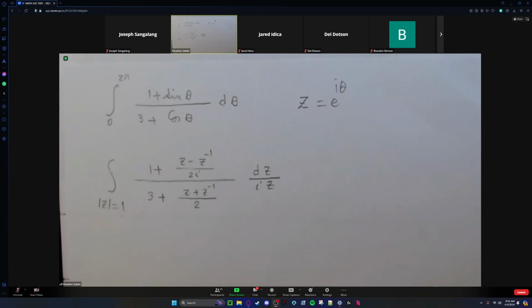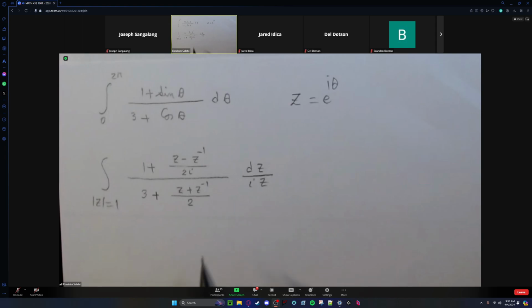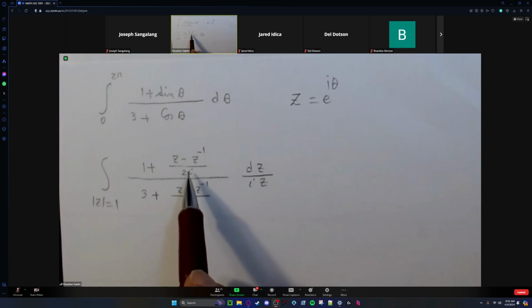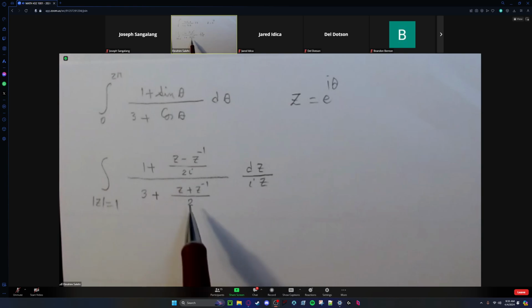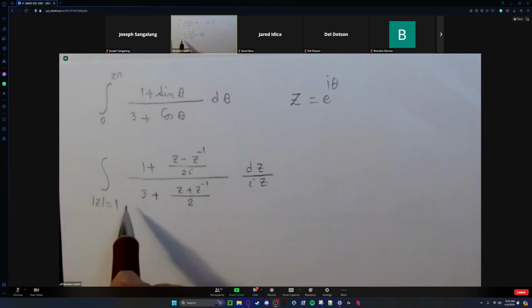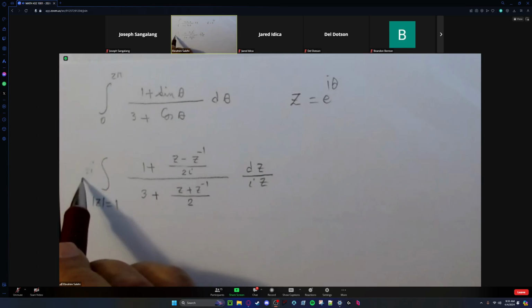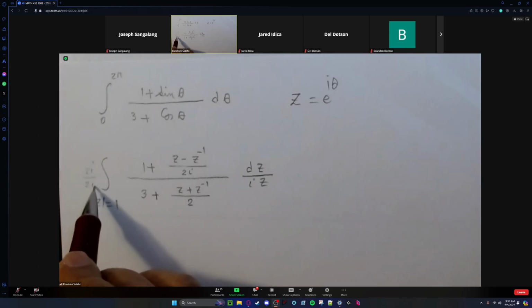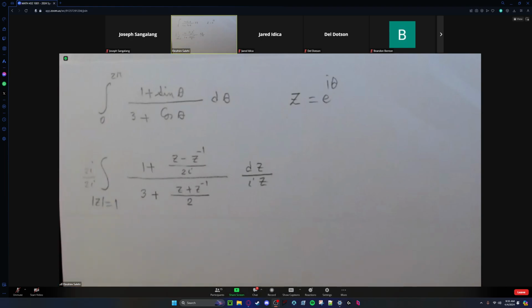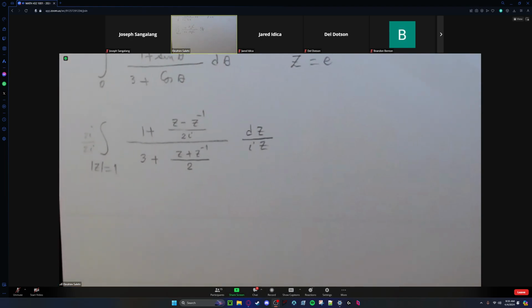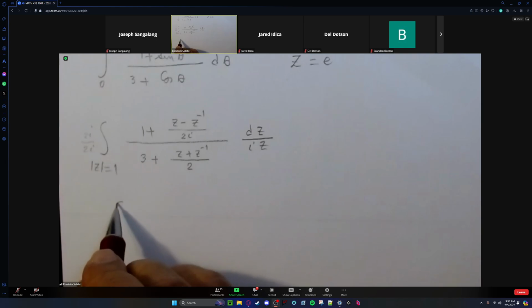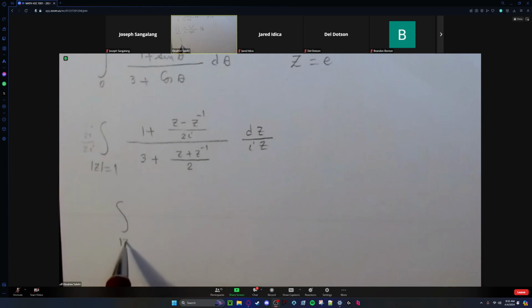Especially we need to sort of get rid of these twos, right? So if I multiply by 2i, numerator and denominator, 2i and 2i. The next step, this becomes integration over unit circle.